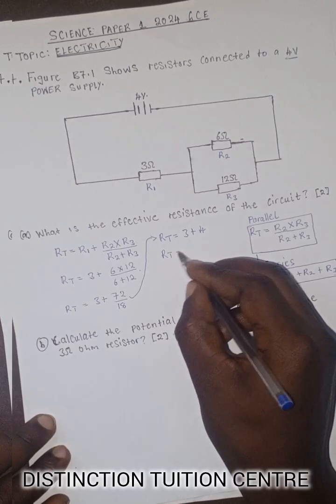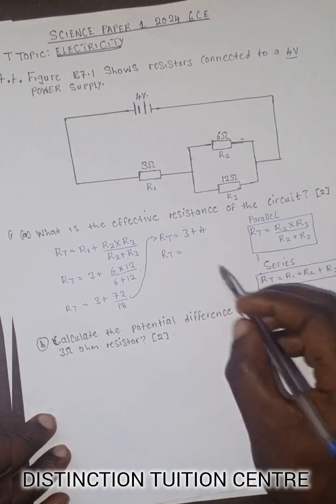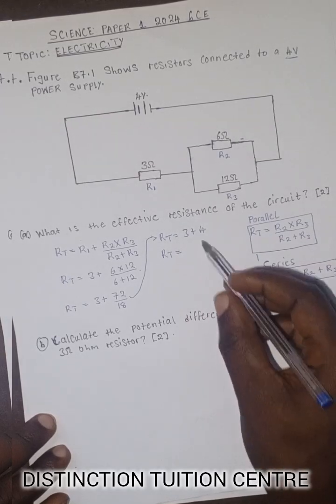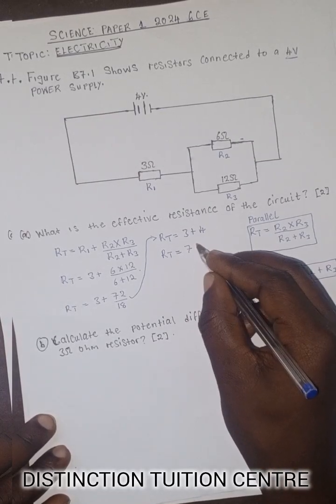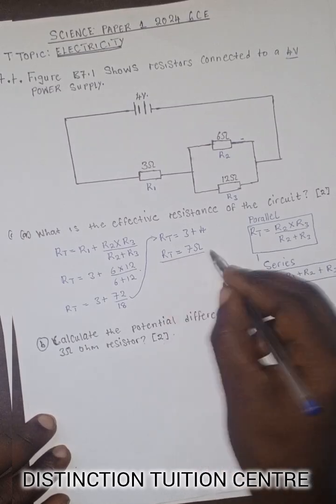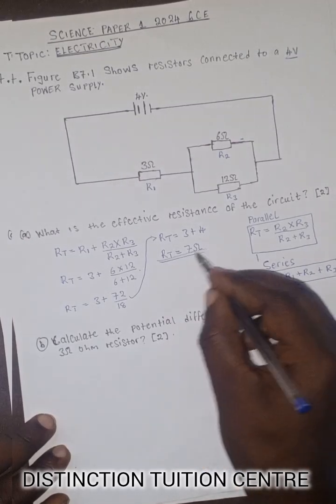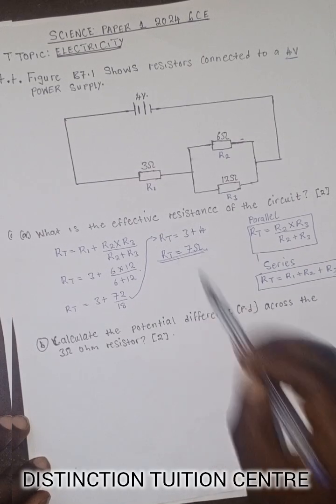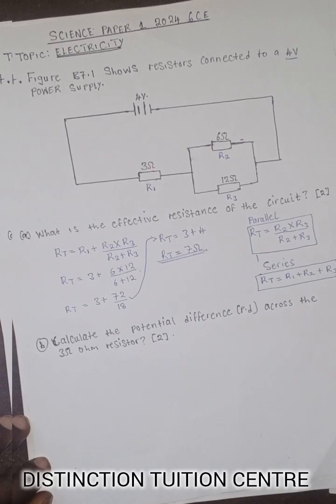So the total resistance for this circuit is 7 ohms, and this value is what we call our effective resistance. That is basically how we find the effective resistance.